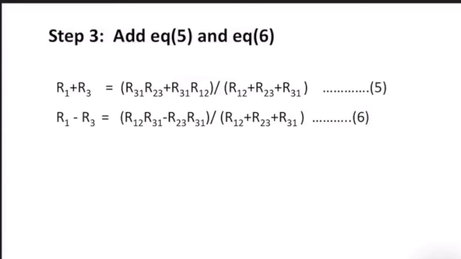So our equation number 5 is R1 plus R3 is equal to R31 R23 plus R31 R12 divided by R12 plus R23 plus R31. And equation number 6, what we have received, is R3 minus R1 is equal to R23 R31 minus R12 R31 divided by R12 plus R23 plus R31. The denominator is common.